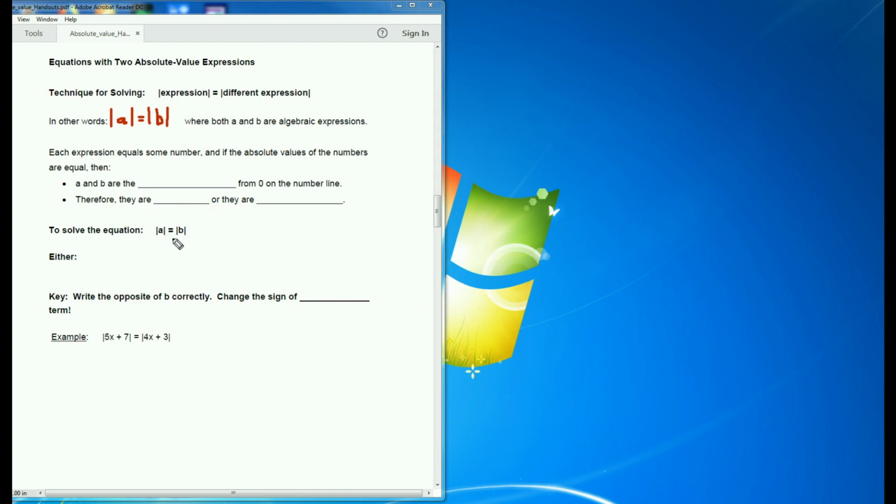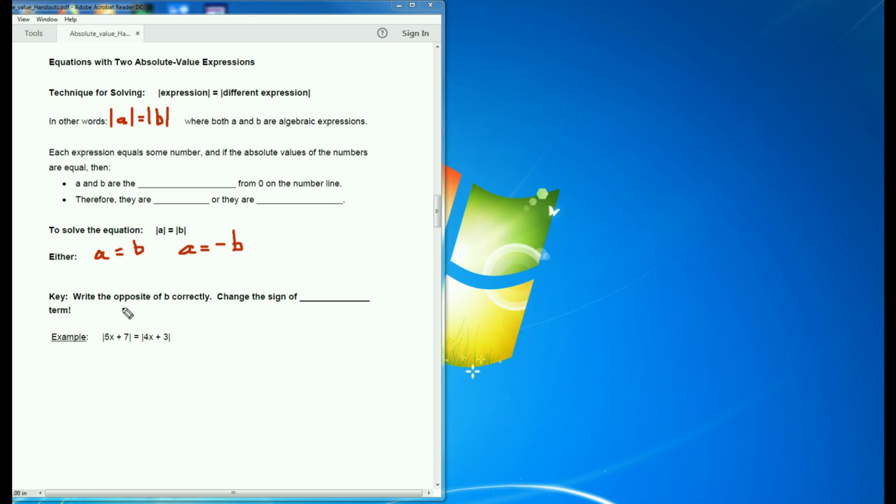So the technique to solve this equation is to either set them equal, they're the same number, or to set one equal to the opposite of the other. Then just solve both of these equations.